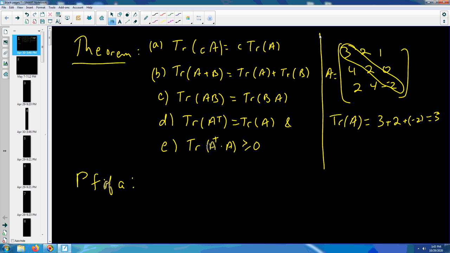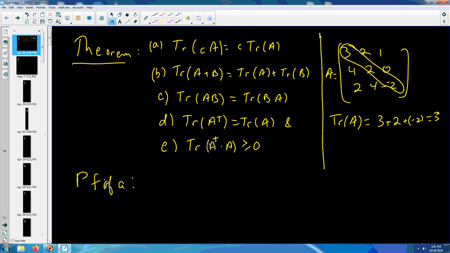Okay, so the trace of this matrix is the summation of the entries on the diagonal. I'd rather prove it the other way.